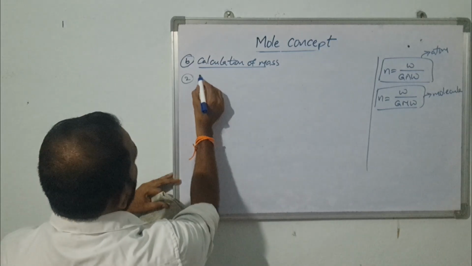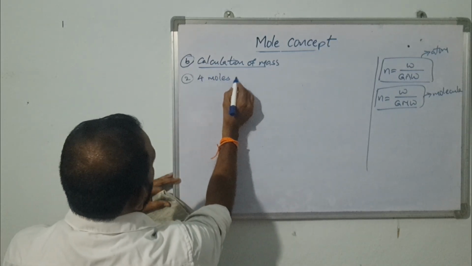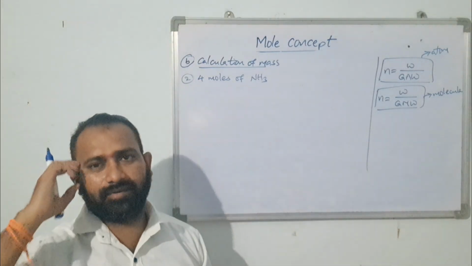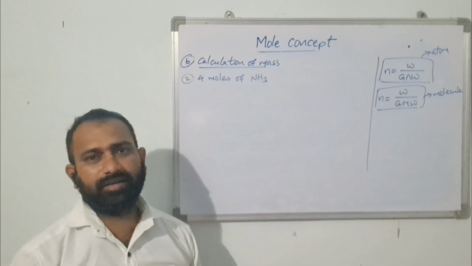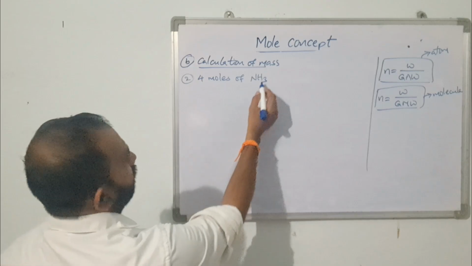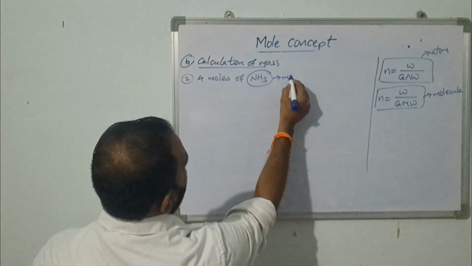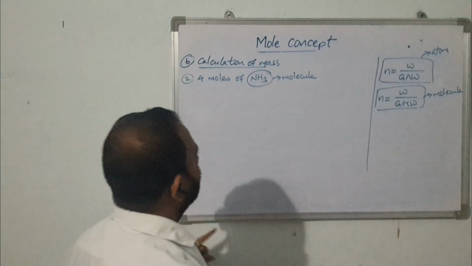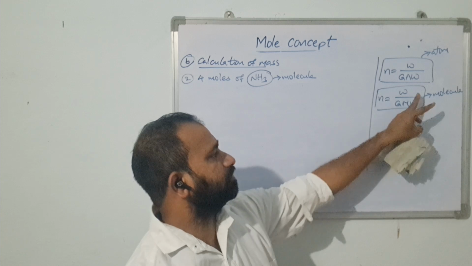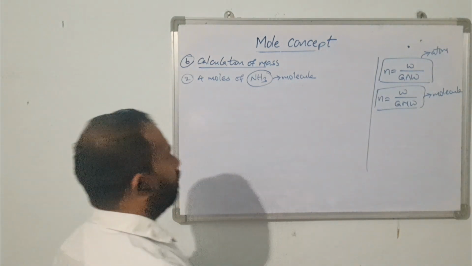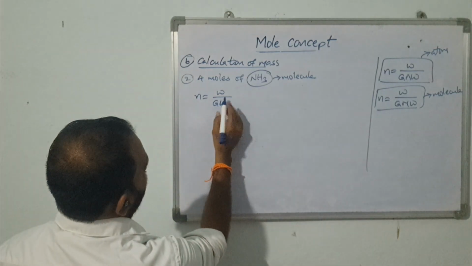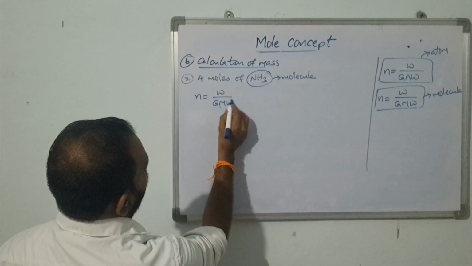The second question is to calculate the mass of 4 moles of ammonia. What is the formula of ammonia? The ammonia formula is NH3. How many moles are given? 4 moles are given. So what is the formula? Here ammonia is a molecule, so we use the second formula, that is number of moles is equal to weight of the substance by gram molecular weight.